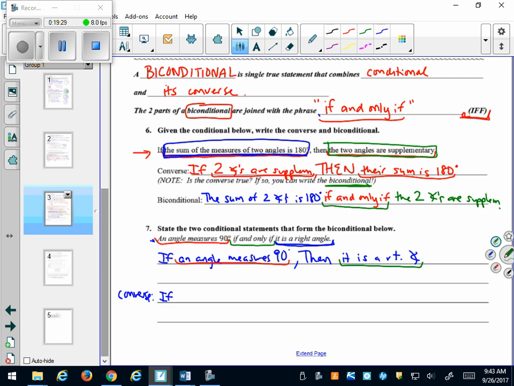Right here we're going to say, if it is a right angle, then it is an angle that measures 90 degrees. Okay?